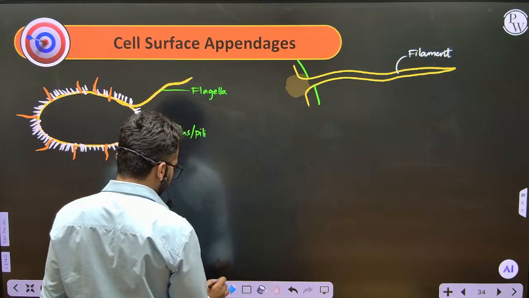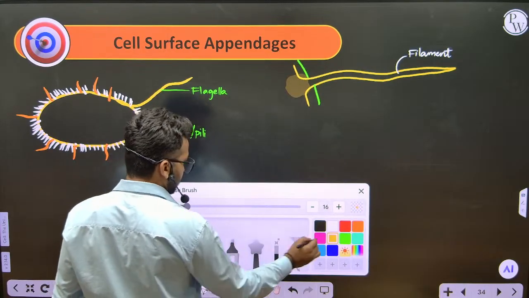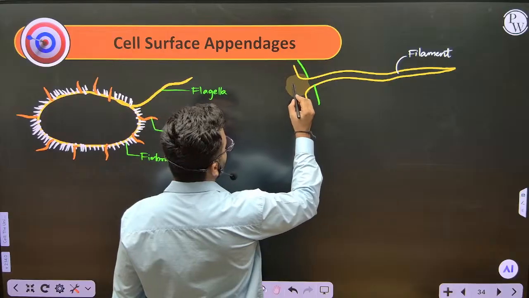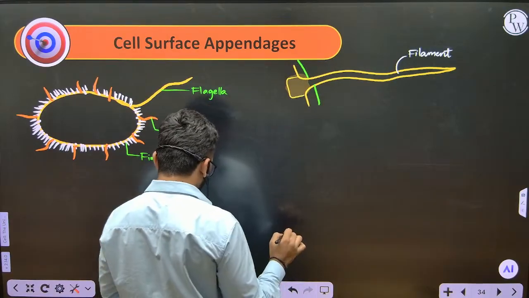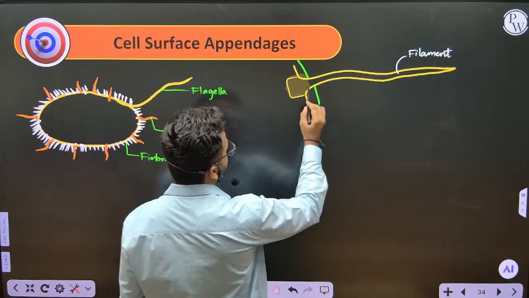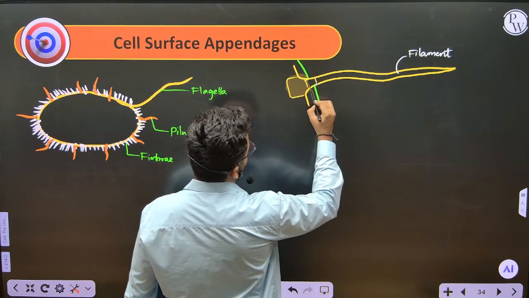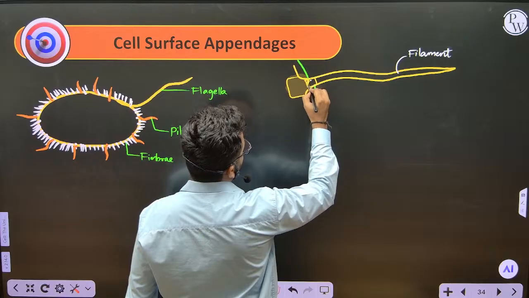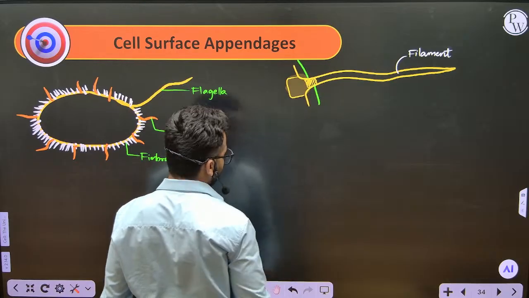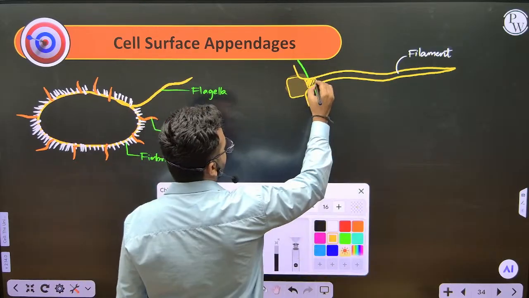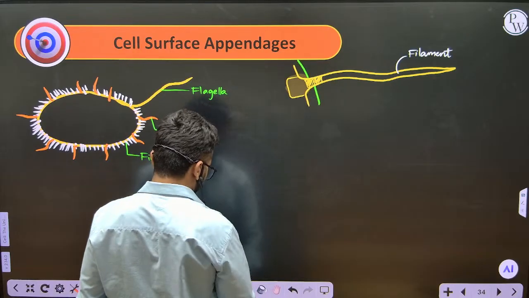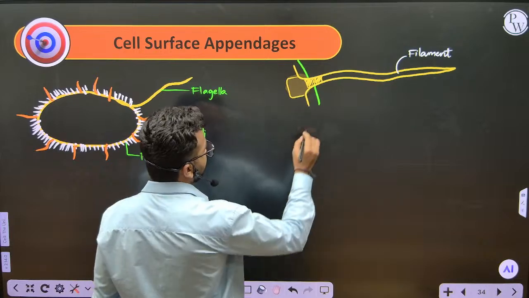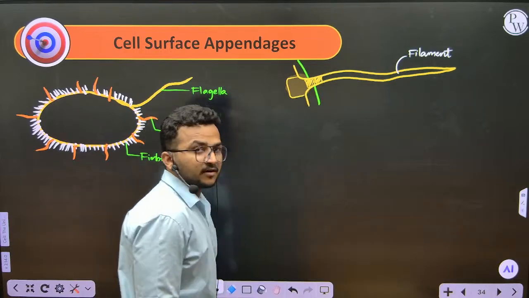From here to here, this is the basal body, and next to that, in this region, this is the hook. From here to here, it is a hook. So the flagella has these three parts.